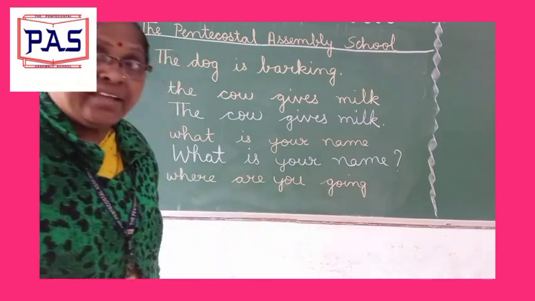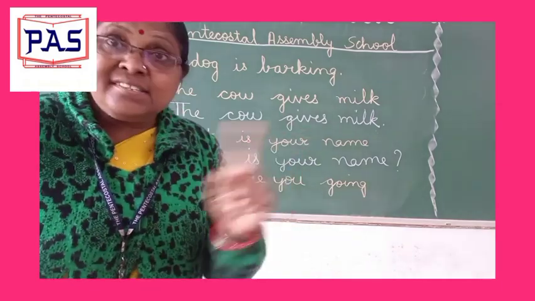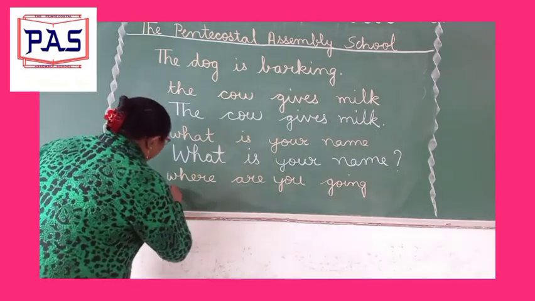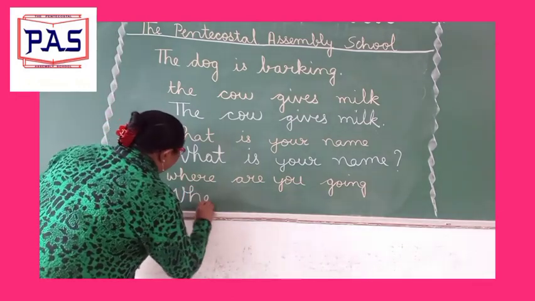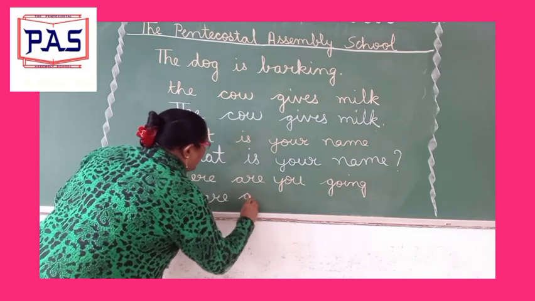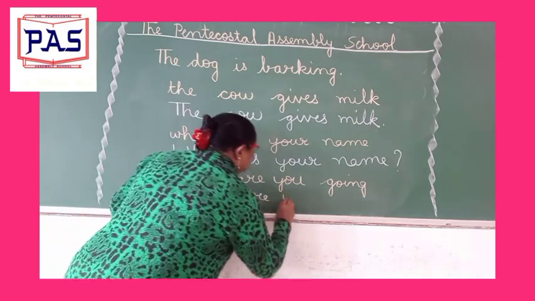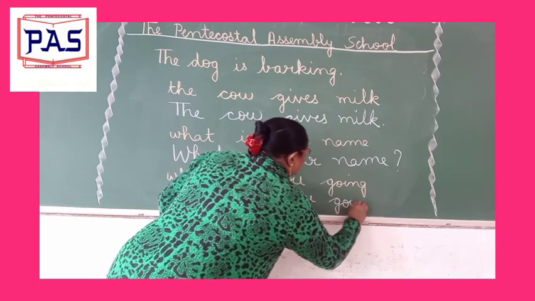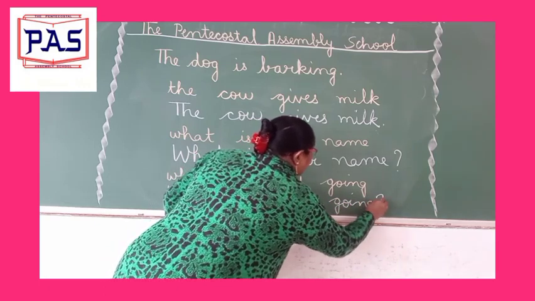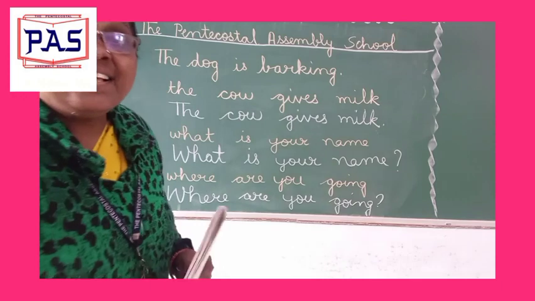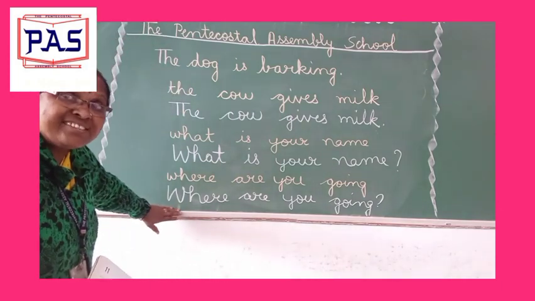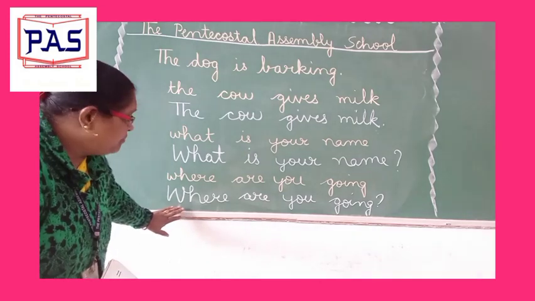Now let us see, look at this sentence. Where are you going? Is it correct? It is not written correctly. Let us see. Where are you going? Again, it is a question. Where? Capital letter. First letter is capital letter.